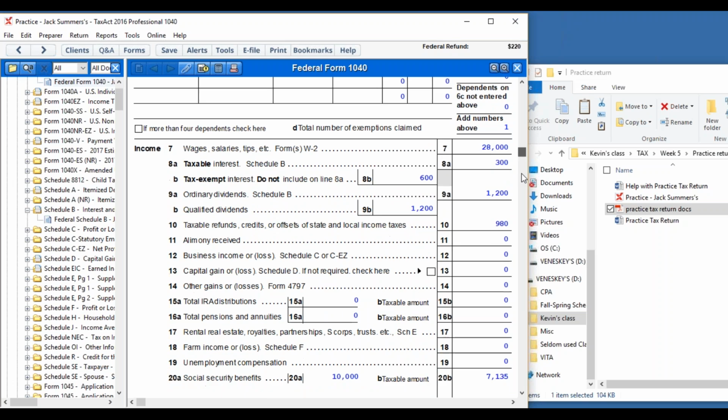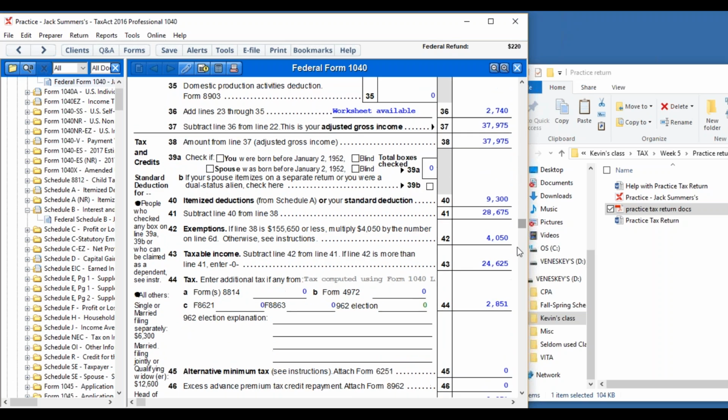So the amount they're going to look up in the back of the book is $24,625 less $1,200. That $1,200 is going to be taxed differently. It's taxed at either 0, 15, or 20%, depending on his rate. He's in the lower rate, so he will be taxed at 0%. He's not taxed on that dividend income because it is considered qualified.